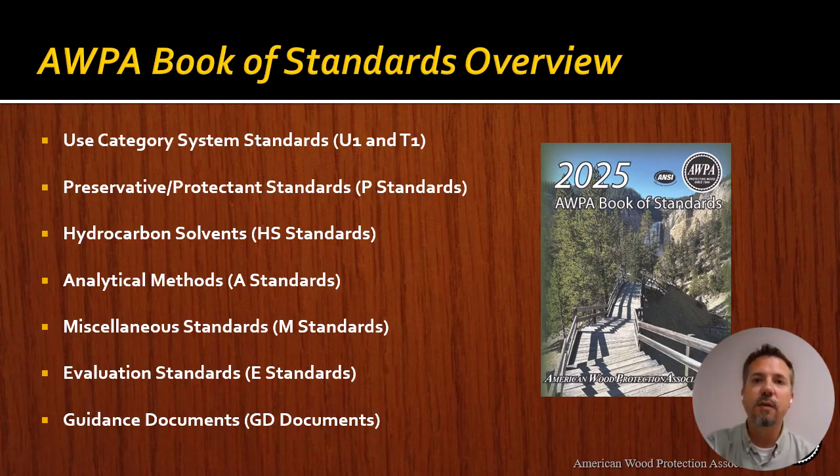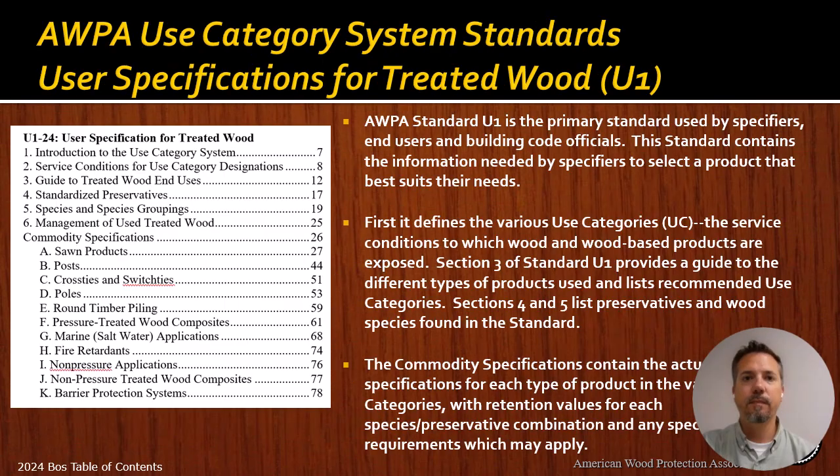M standards include miscellaneous topics from branding to inspection. E standards focus on testing and evaluation methods for performance of products. Guidance documents provide additional information about how standards are developed. Each section plays a role in helping professionals and end users choose, treat, and evaluate wood products.